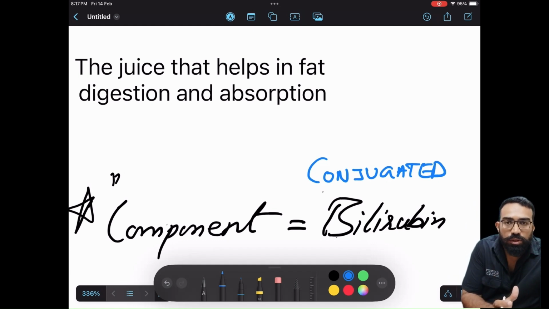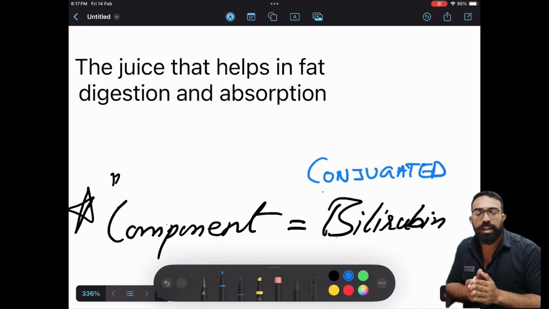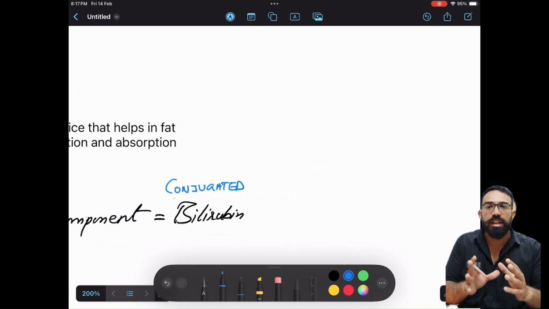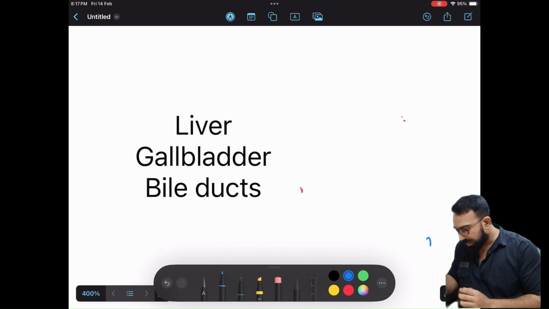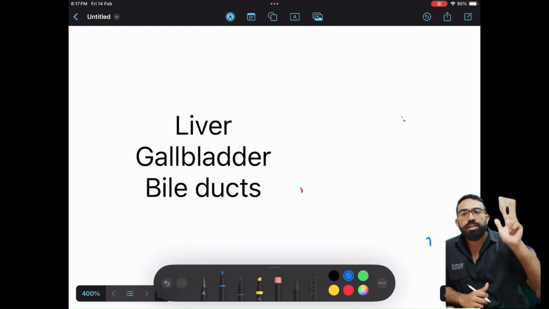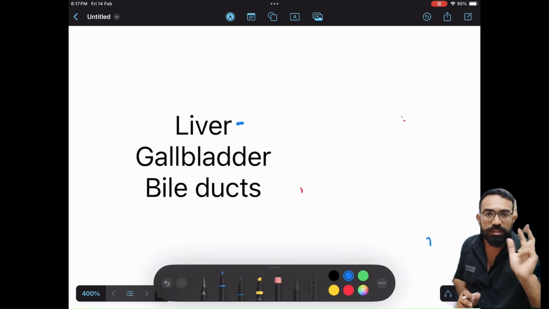But let's come back to the introduction of the biliary system. I have told you what is the biliary system, what is bile, and what is an important component of bile. Now, what are the physical structures of the biliary system? There are three important physical structures: the liver, the gallbladder, and the bile ducts. What is the function of these three structures?